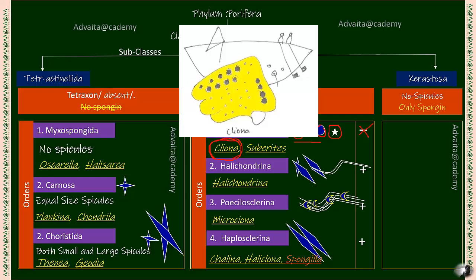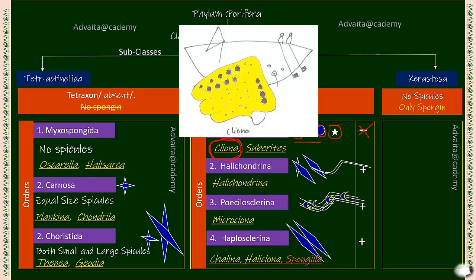They create holes, they create pores. In the wood of ships, they are parasites and they create holes. That is bad for the boat industry. So Cleona, you remember, is a boring sponge. It has no spongine fiber, with amphidiscus spicules.